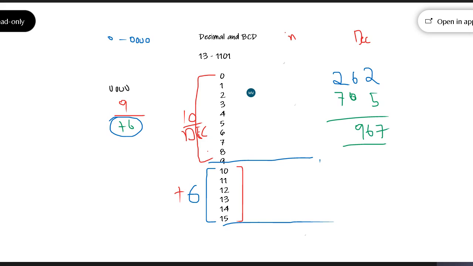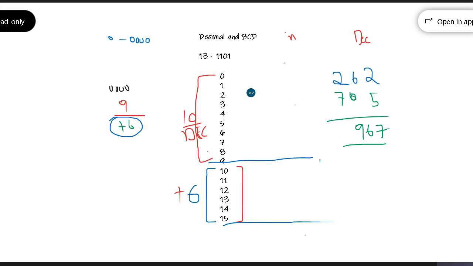If I take them separately, all of the numbers I'll write in BCD. 2 is 0, 0, 1, 0. Now what is 6? 0, 1, 1, 0. What is next again? 2, 0, 0, 1, 0. Now 7 is represented as 0, 1, 1, 1.